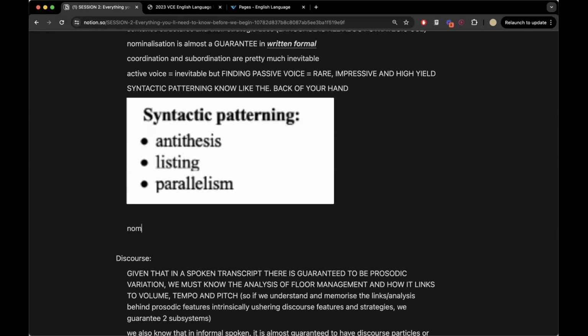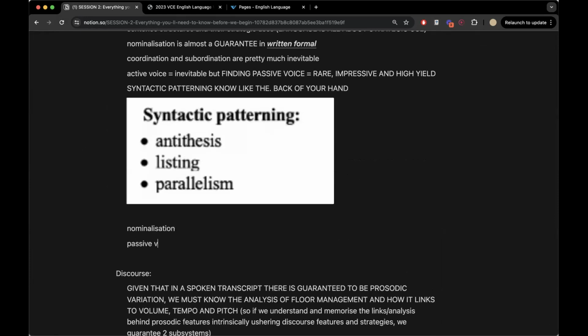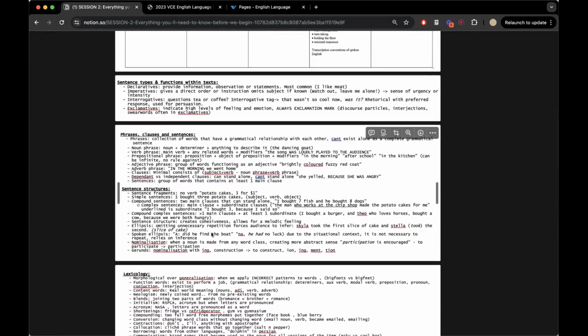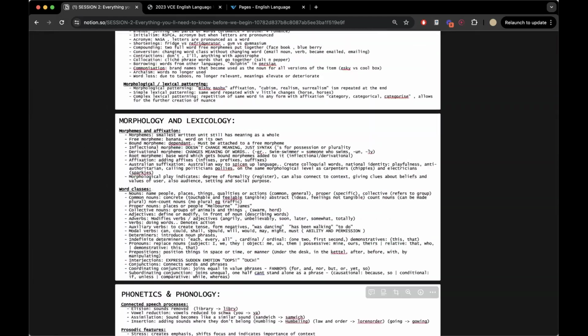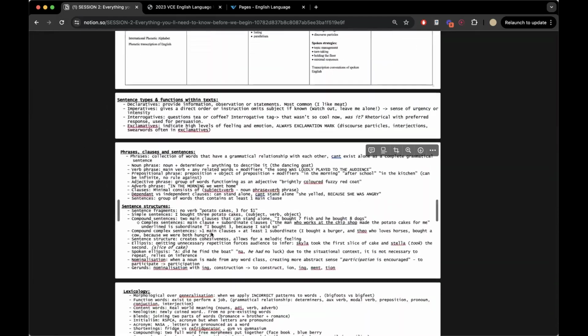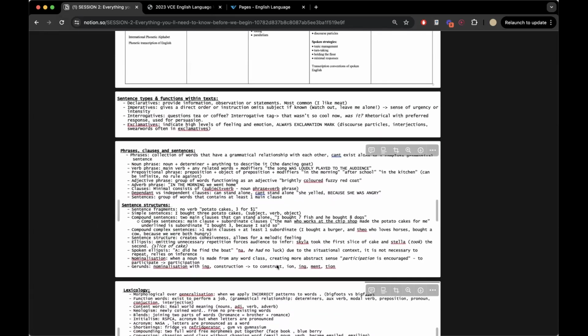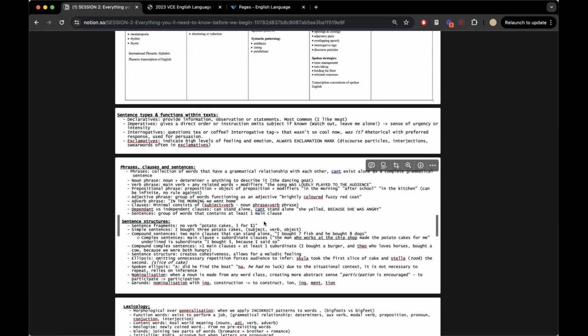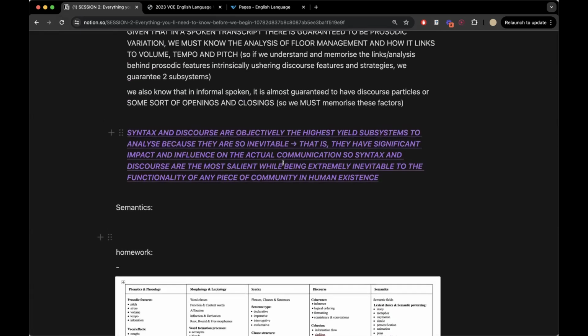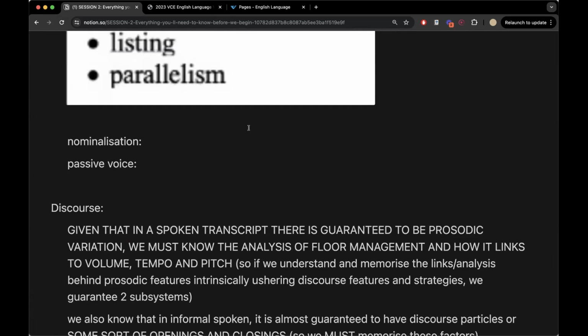Let's have this discussion. To actually talk through what they really are, we go to syntax. I can't quite find it, but I'll explain it here myself.